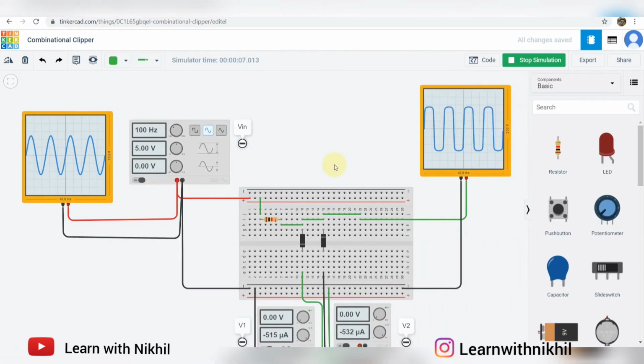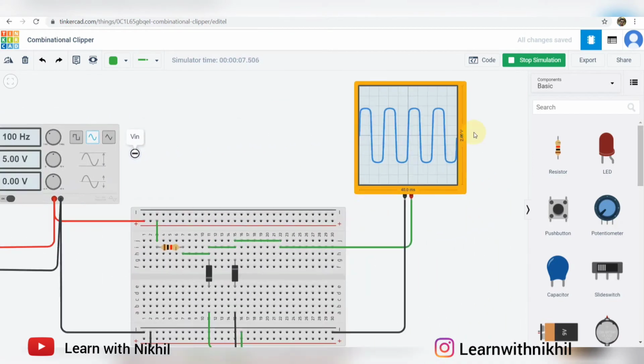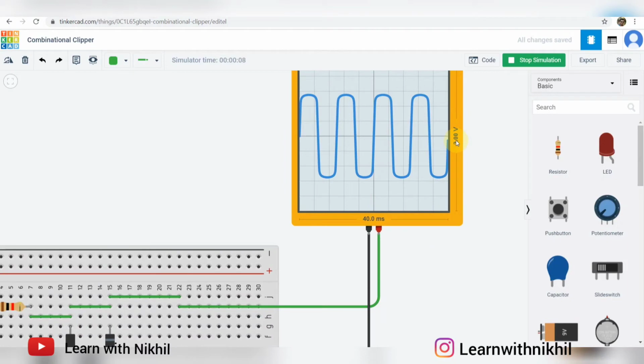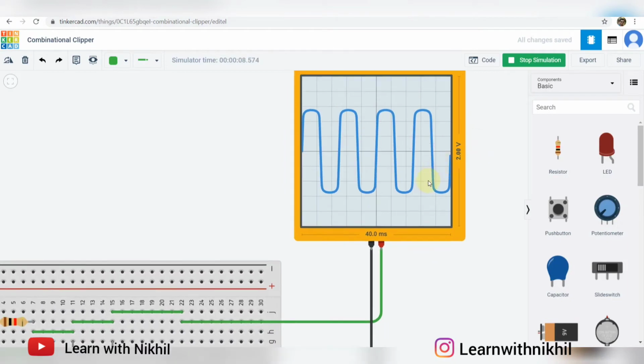Now according to this output, you can see this division is of just 2 volts. So this is plus 2 volts, this is minus 2 volts. This total division is of 2 volts. So this part till half it is 1 volt, and till here it is 2 volts.